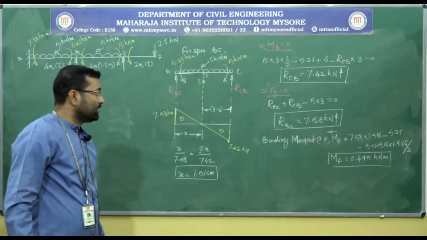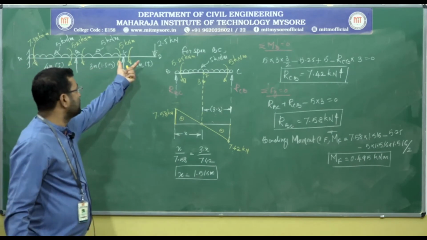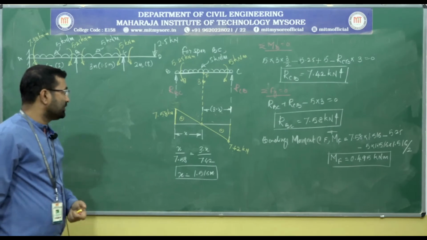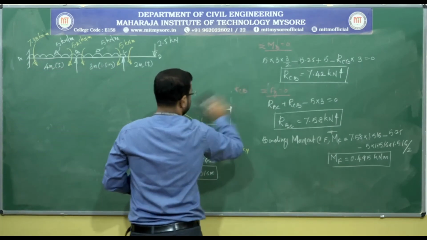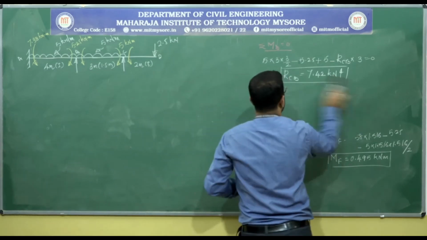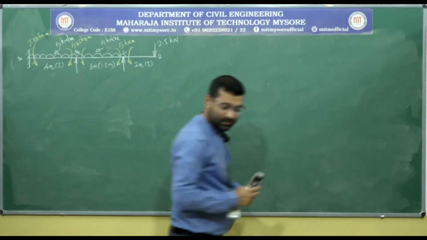Apart from this, a small portion, that is the CD portion which is overhanging, also needs to be considered in the calculation. As CD is an overhanging portion, there is not much calculation left.